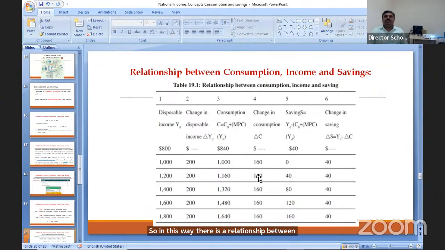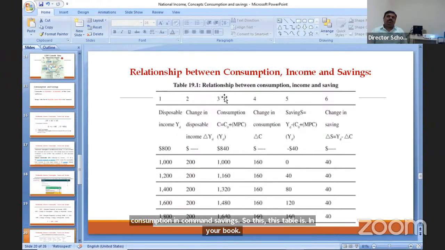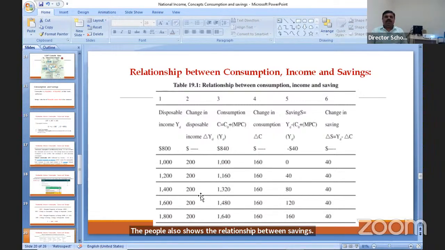So this table is in your book. The table also shows the relationship between savings, consumption and income. Here in the first column they have showcased the disposable income that increases from $800 to $1,000, then $1,200, then $1,400.